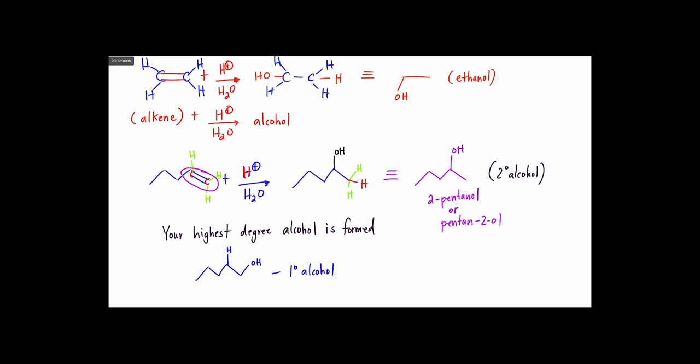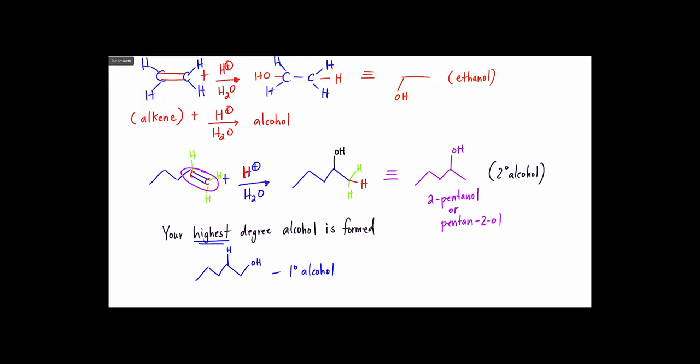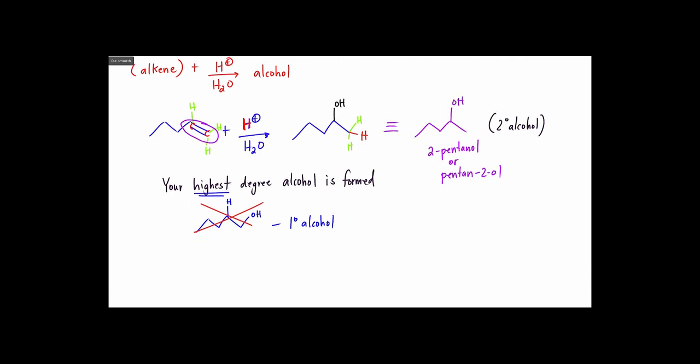So you want your most substituted alcohol. A secondary alcohol is most substituted, and I say the highest degree. So this product is not formed, and that's going to be true for all Markovnikov additions that produce an alcohol.